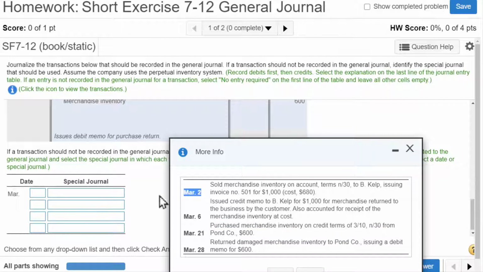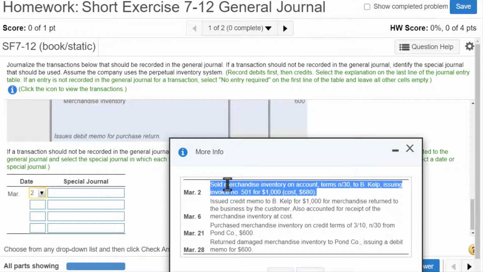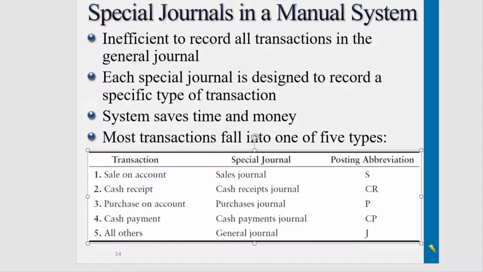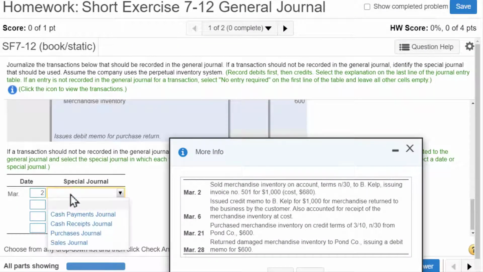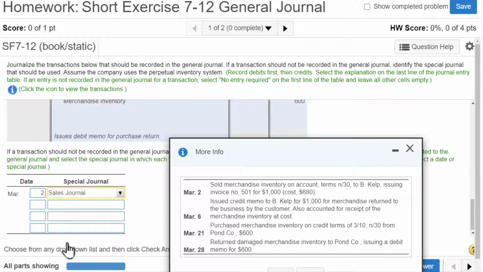So the March 2nd one says we sold inventory on account. So remember, when we make a sale on account, that goes in the sales journal.